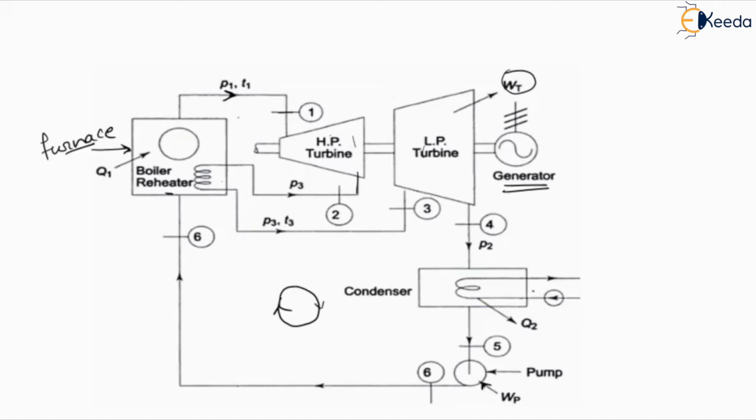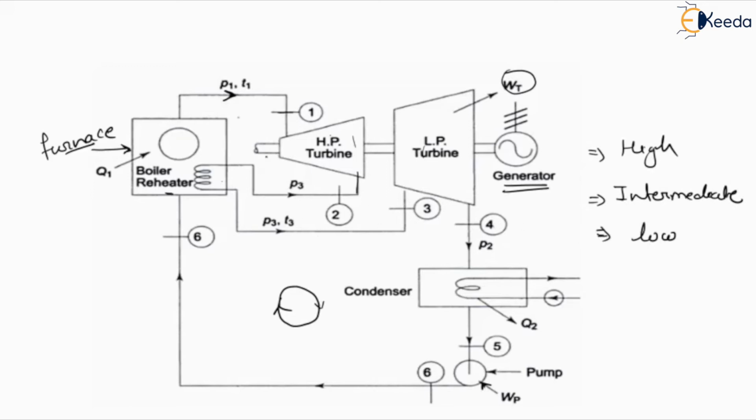So here this is the process of reheating, but one disadvantage we will have is that it will increase the condenser work and it will be a cyclic process. So here how many pressures are we considering? We are considering high pressure, intermediate pressure, and lower pressure. So three types of pressure are here, and temperature will also vary.